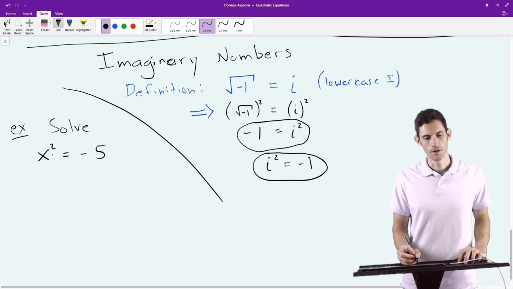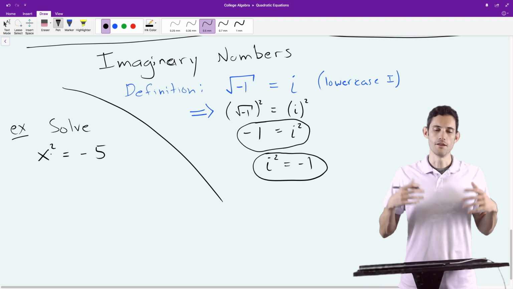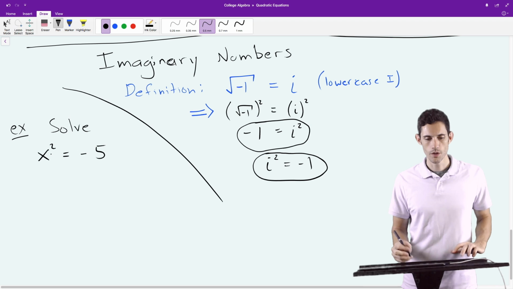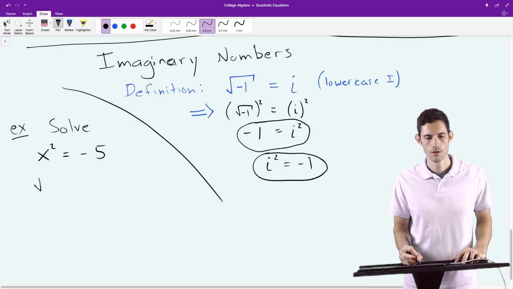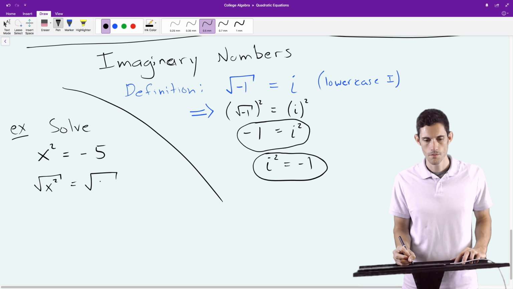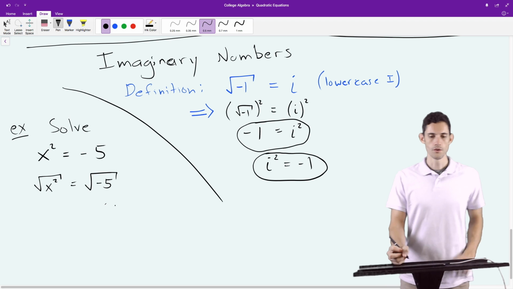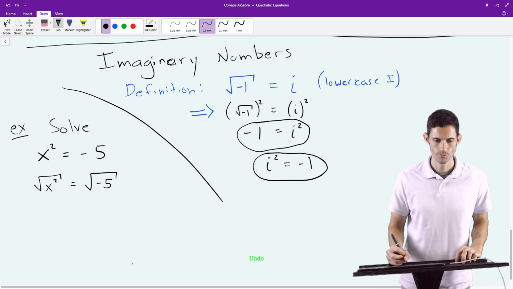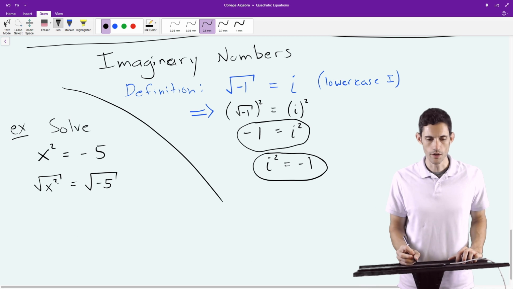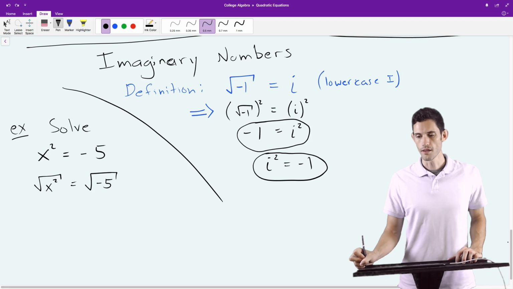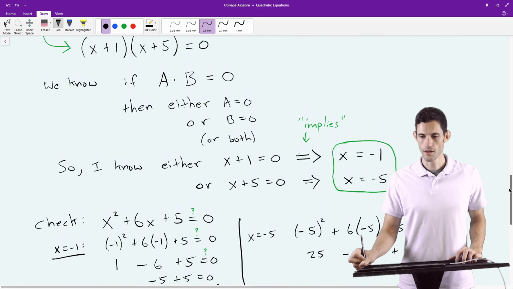Just do math. So I need to get that x by itself. There's a square. So to get rid of that square, I take a square root. And of course, you have to do the exact same thing on both sides of the equation. So on the left, I have the square root of x squared. And that is a definition that we already have.